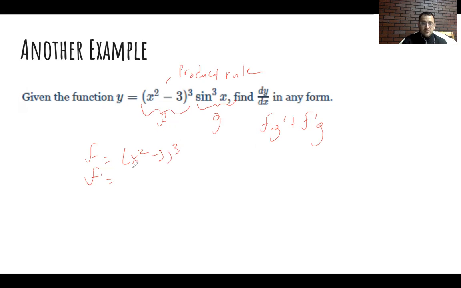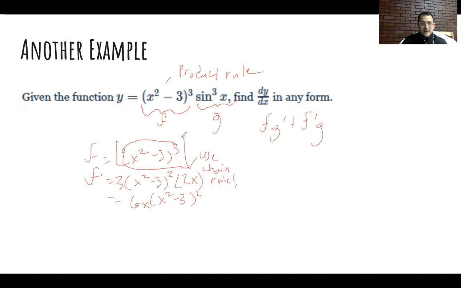And I'll show you the chain rule shortcut. So if you just take that 3, move that in front, leave the inside alone, take that exponent down by 1, and then just multiply by the derivative of what is inside of the parentheses. I use chain rule. And I can clean this up. 3 times 2 is 6. And we're done. And I'll just box key results.